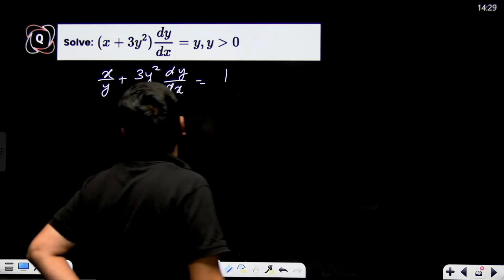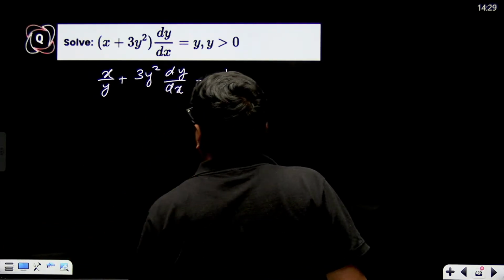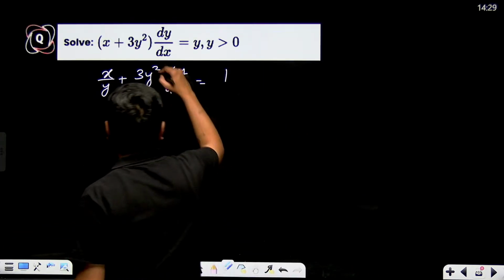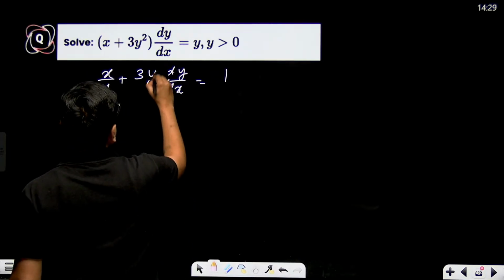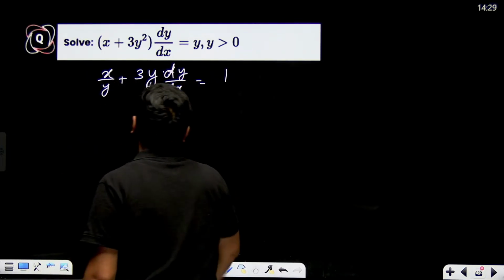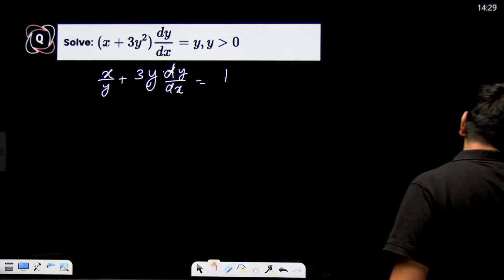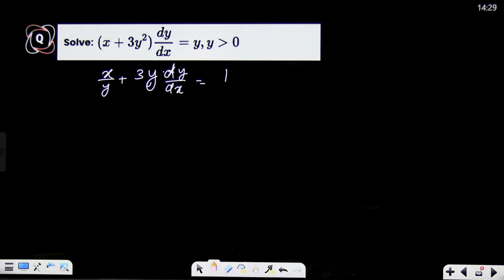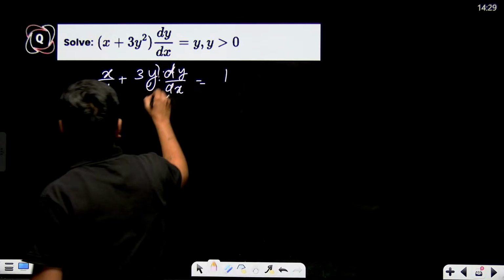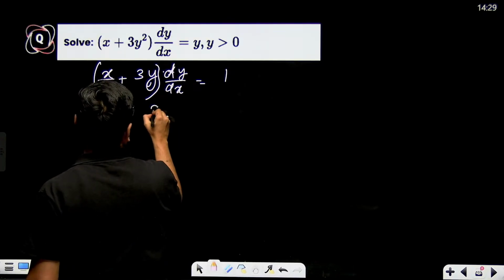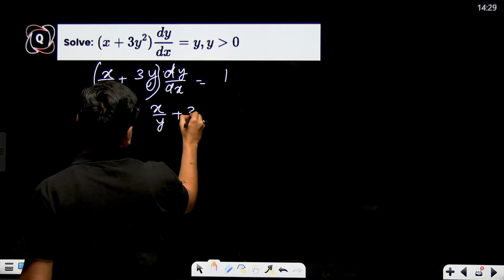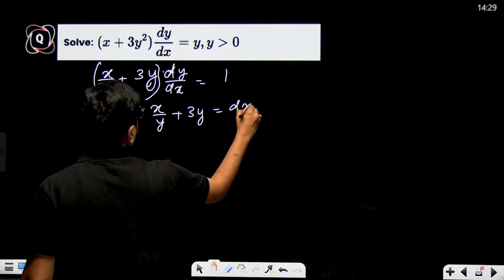Y square, where is it from? 3y square divided by y gives 3y, so 3y dy by dx equal to 1. Now we can say, so x by y plus 3y will become equal to dx by dy.